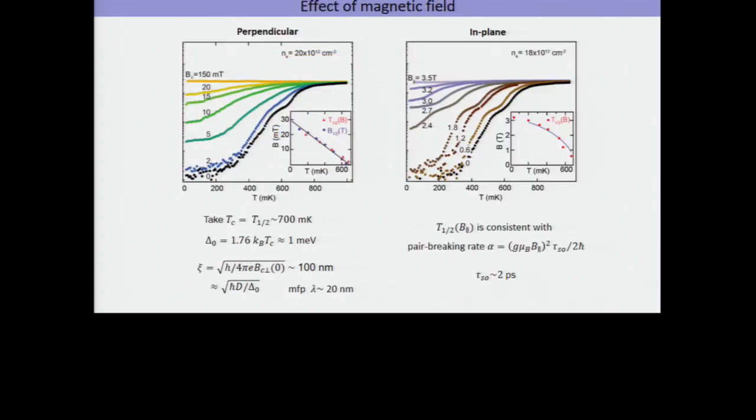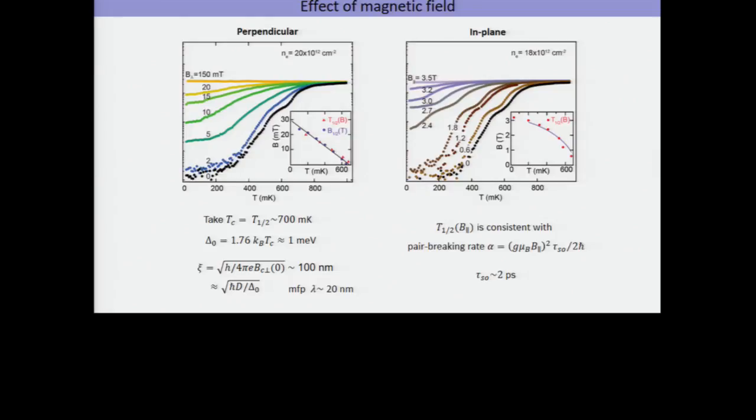And we can apply a perpendicular or an in-plane magnetic field and see that it behaves in pretty much the expected ways for superconductivity. It's very sensitive to a perpendicular magnetic field, so if you apply just a few tens of millitesla, you can basically turn off the superconductivity. The in-plane magnetic field is much, much less sensitive, so you need to apply several Tesla to remove the superconductivity in plane.